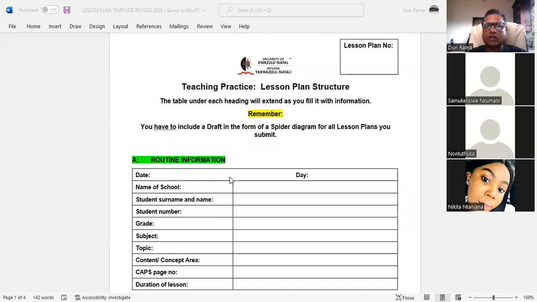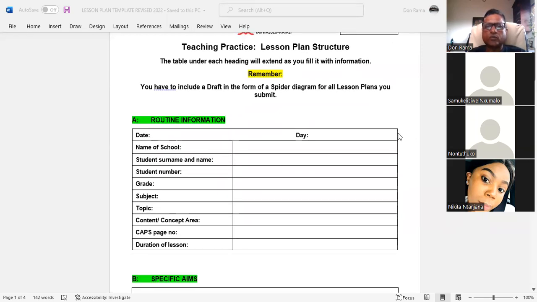So in your lesson plan structure, we start off with a table like this, where you have to put the date. Now, especially when you are in a school situation, you have to put the date and the day, the name of the school, and here your student name and number, right? Then you need to write down which grade you are teaching.